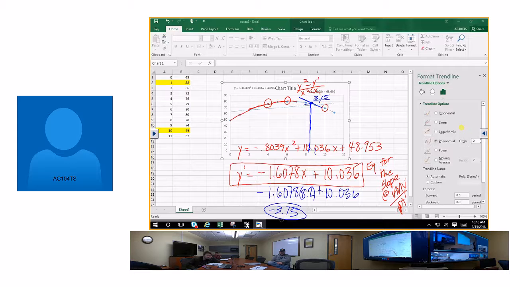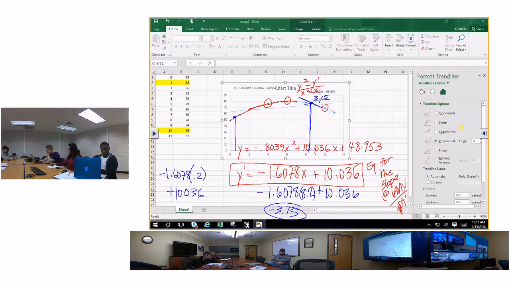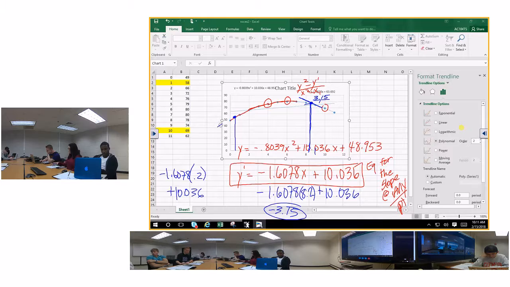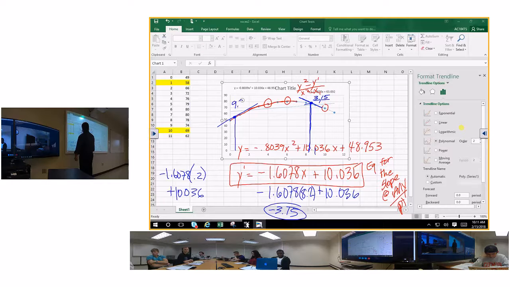Now, if you wanted to find the point here, that's 0.2. So somebody take negative 1.6078 times 0.2 and add it to 10.036. What do you get? So the slope here is 9.71 over 1 at that point.